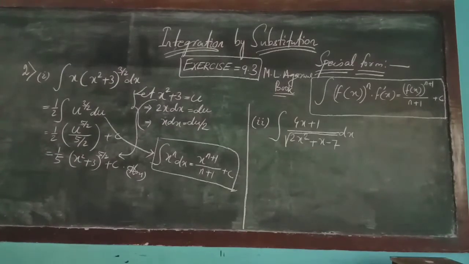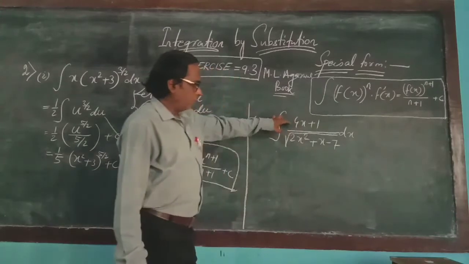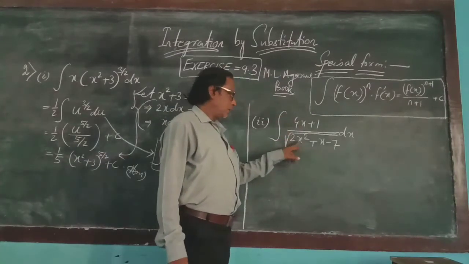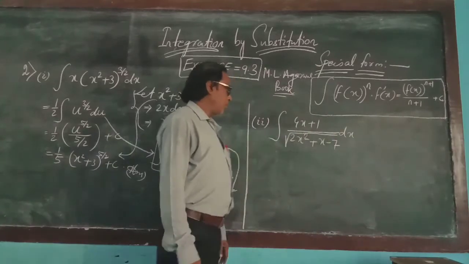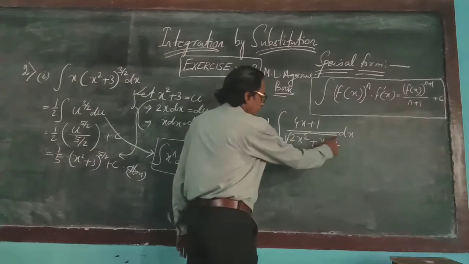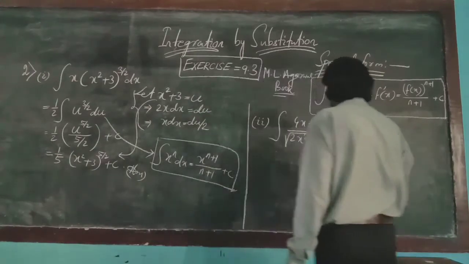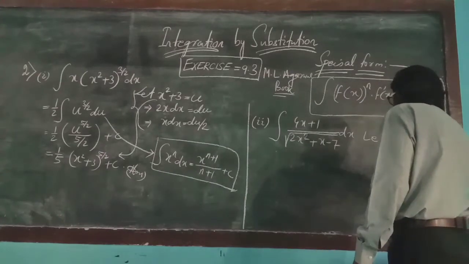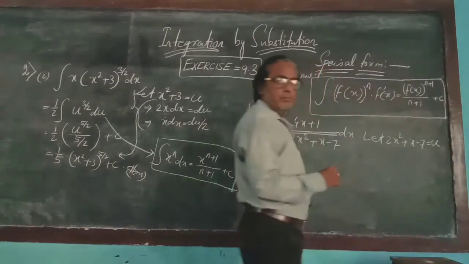See question number 2, second part. The question given is 4x plus 1 by root over 2x square plus x minus 7, dx. Therefore, you have to take this as u. Let 2x square plus x minus 7 be u.